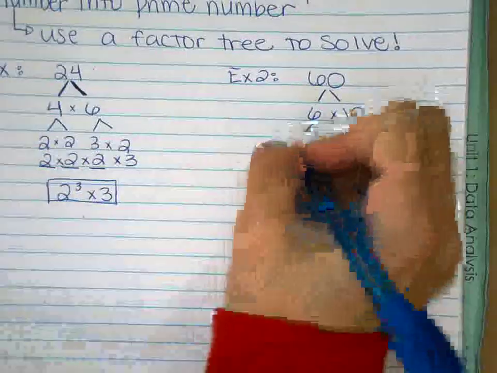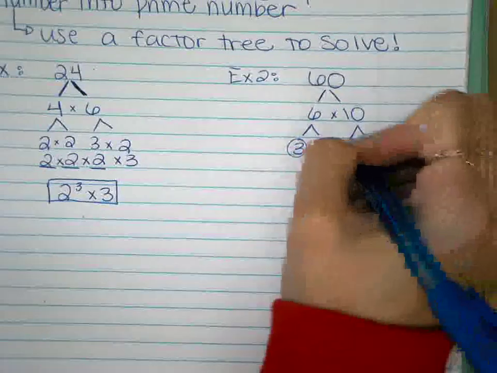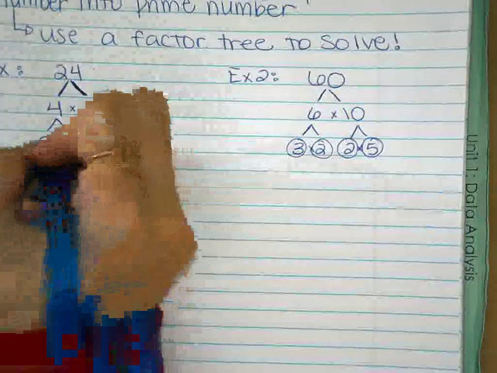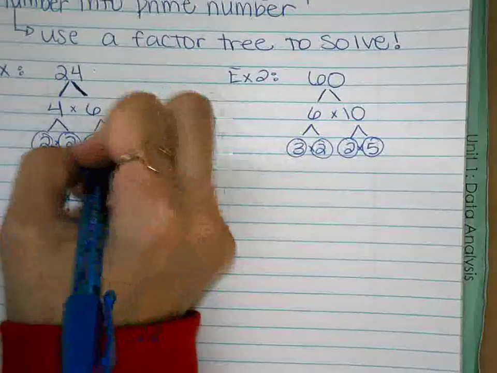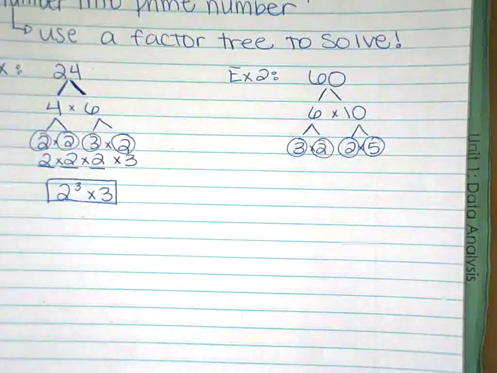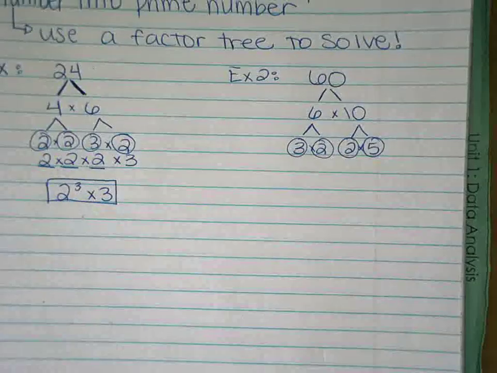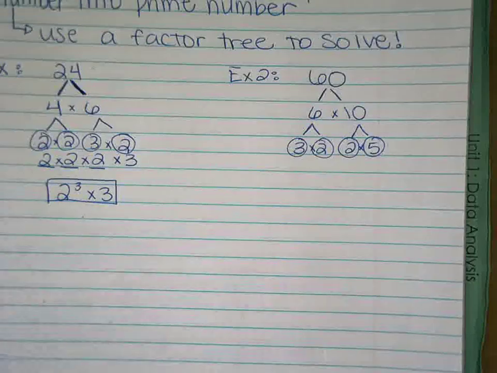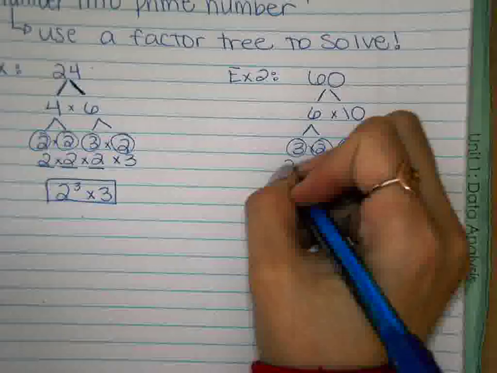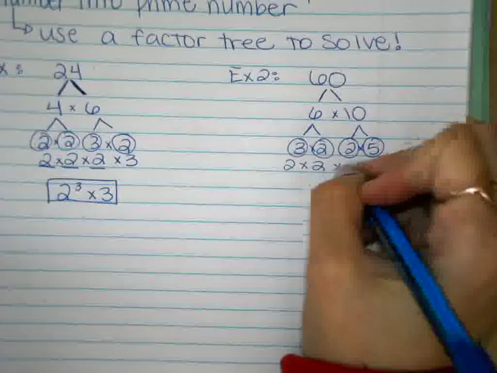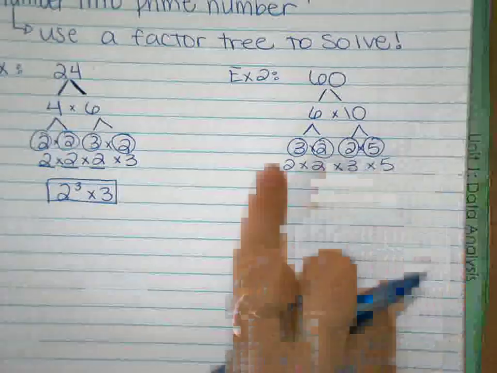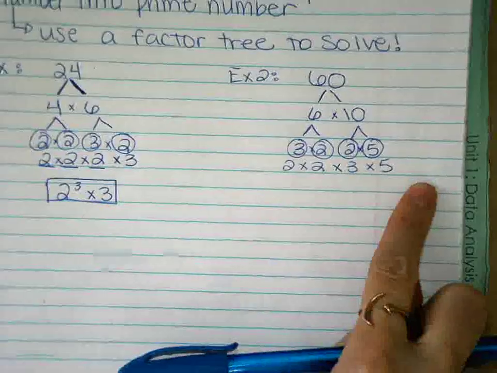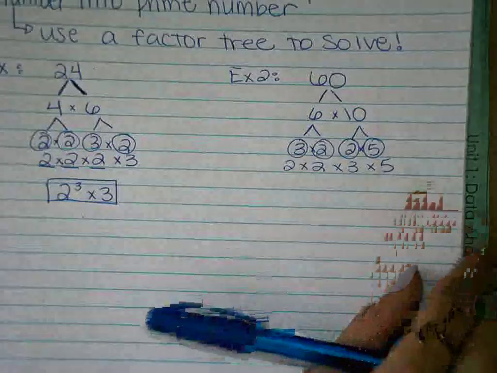So I'm actually going to want you guys to circle the numbers that are prime. So I should have circled this 2, 2, 3, and 2 over here. So circle your numbers when they are prime, so you know you are done with them. Then write them out. 2 times 2 times 3 times 5. I'm writing them in numerical order, least to greatest.